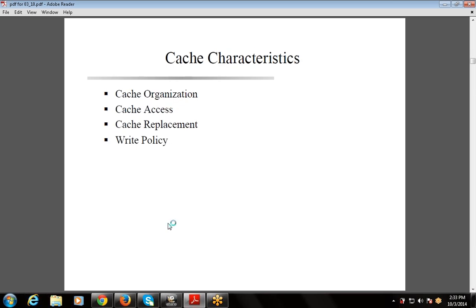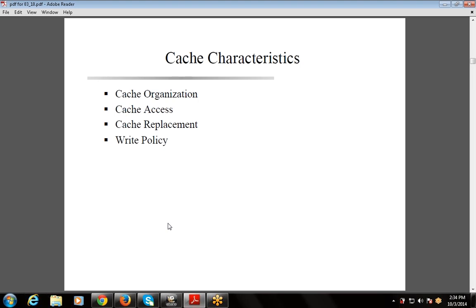Then cache characteristics. What are the characteristics of the cache? One is the cache organization, that is the internal structure of the cache that lies between the main memory and the CPU. Then cache access, that is the access time required for the cache memory.